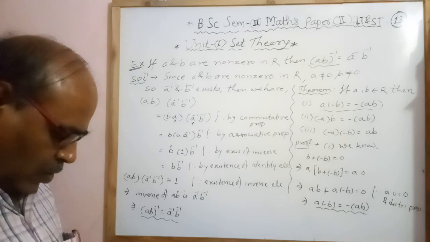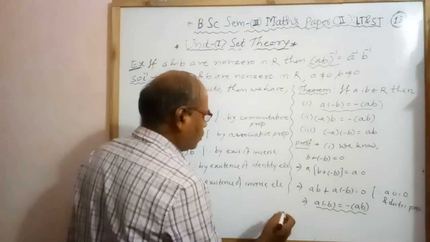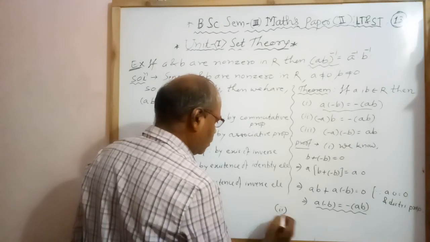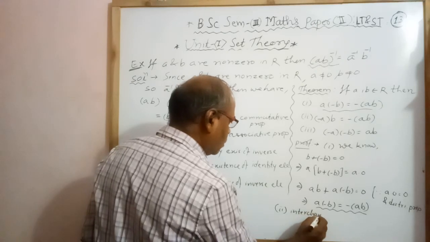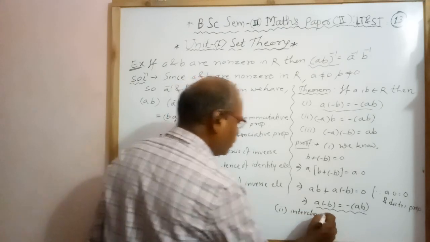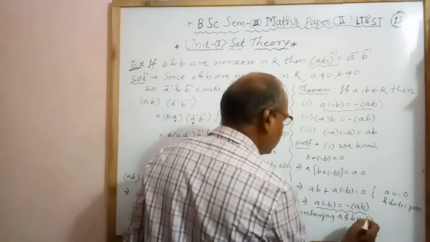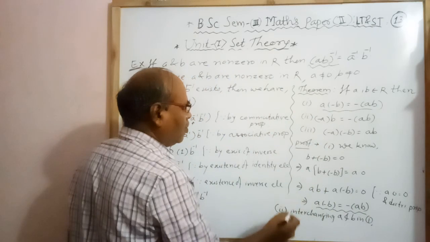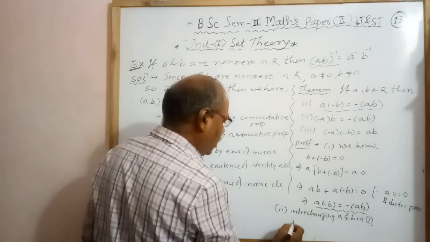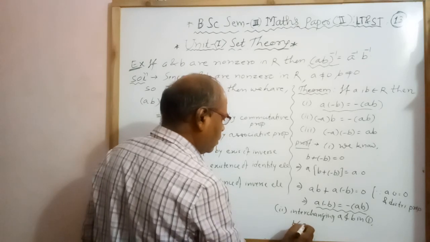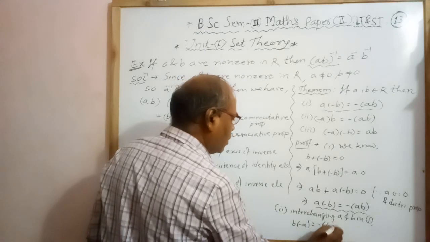Now to prove the second, we interchange A and B in equation 1. Interchanging A and B in 1, therefore write B into minus A equal to minus BA.